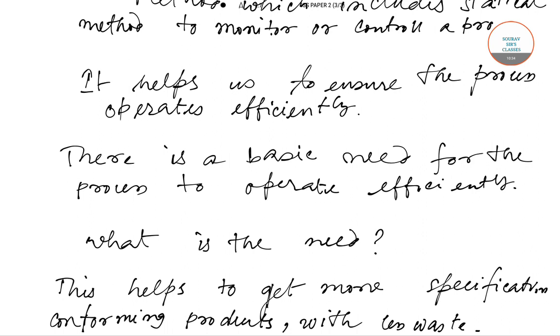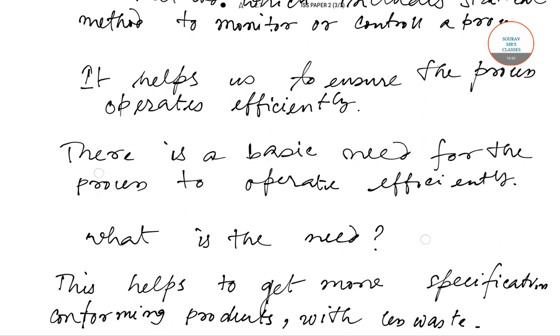Now SPC can be applied to any process where the conforming product, that is the product meeting satisfaction, is involved. Conforming product is a sophisticated name for the products which meet the satisfaction of the customers. When the output of these conforming products can be measured, SPC can be applied in all those cases.